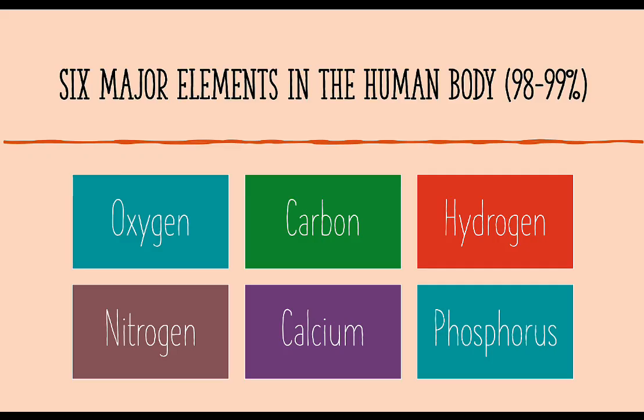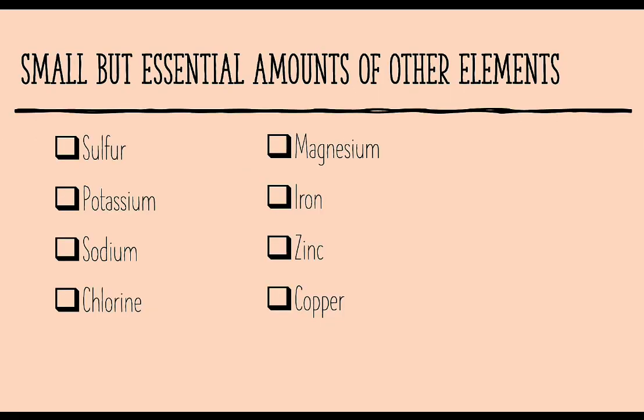The oxygen that we breathe, that's pure oxygen. That's considered the element. When we combine 2 hydrogens and 1 oxygen, we get the molecule water. Still though, the atoms of oxygen, the element of oxygen, appears in multiple places, and the same goes for the rest of these. Small but essential amounts of other elements, these exist in our bodies as well.